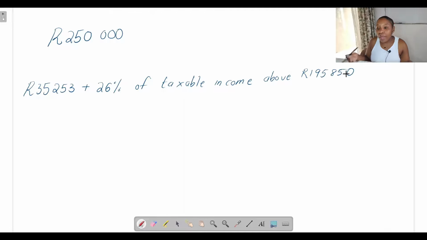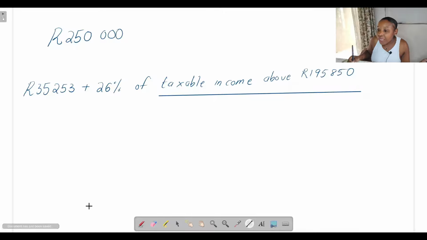So the amount that you'd pay would be 35,253 plus 26% of taxable income that is above 195,850.